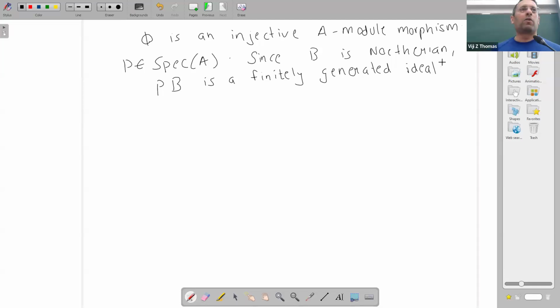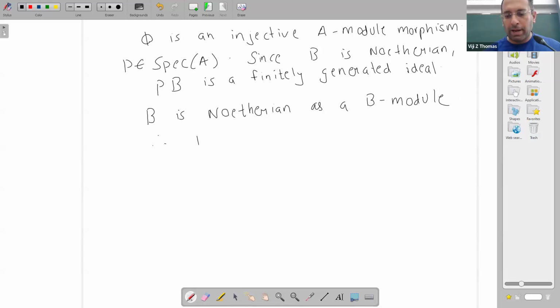I'll write the same statement again: B is a Noetherian ring means B is Noetherian as a B module. Therefore, PB is a finitely generated B module.